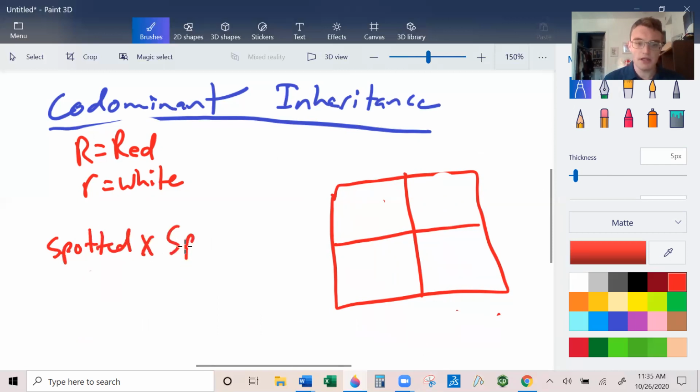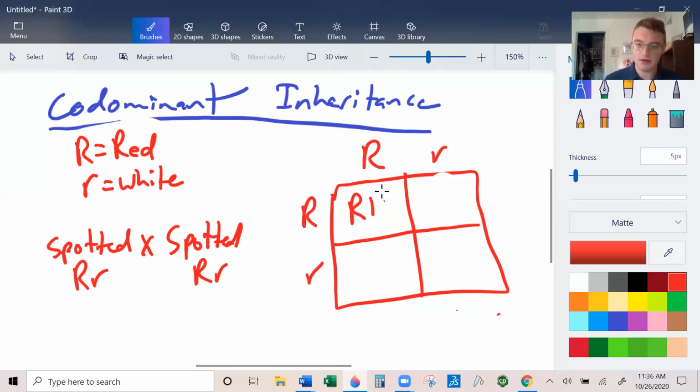Spotted crossed with a spotted. In order to be spotted, they have to be big R, little r, because that's the only way you can be spotted. Again, this is a codominant problem. So this one would also be big R, little r. So you run your standard Punnett square, again, just like we did last week. You come out with big R big R, big R little r, big R little r, and little r little r.